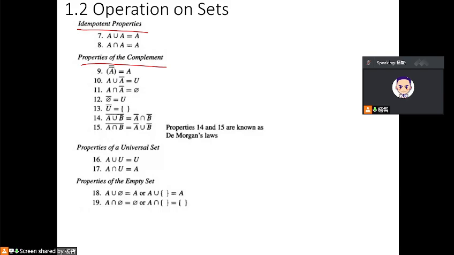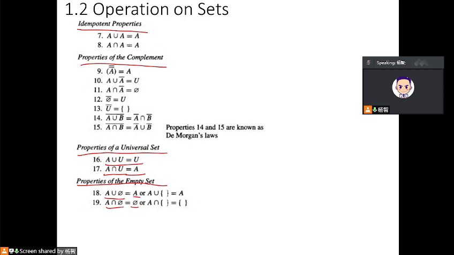And the property of universal set. A union universal set equals universal set. And the intersection between A and the universal set is equal to A. And the property of the empty set. A union empty set equals A. And the intersection between A and the empty set is equal to empty set.